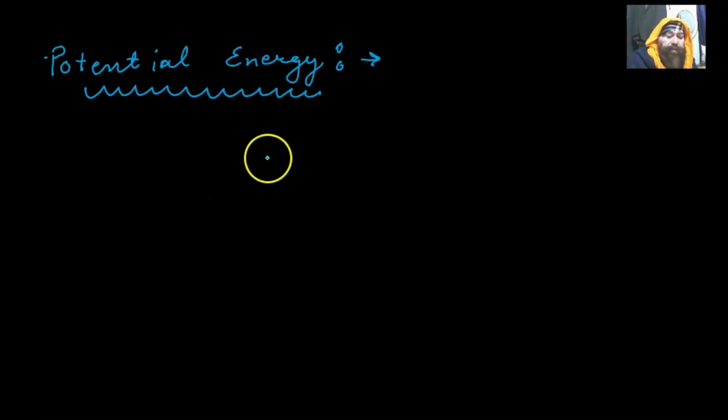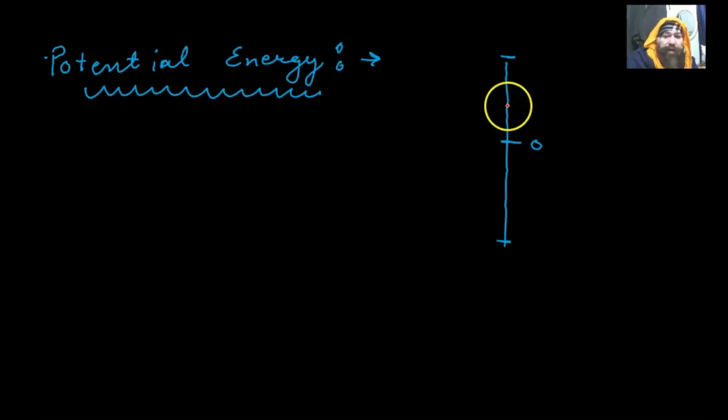It is the energy due to position, energy because of the configuration or position. Let's see how it is. So this is a line, the mean position.